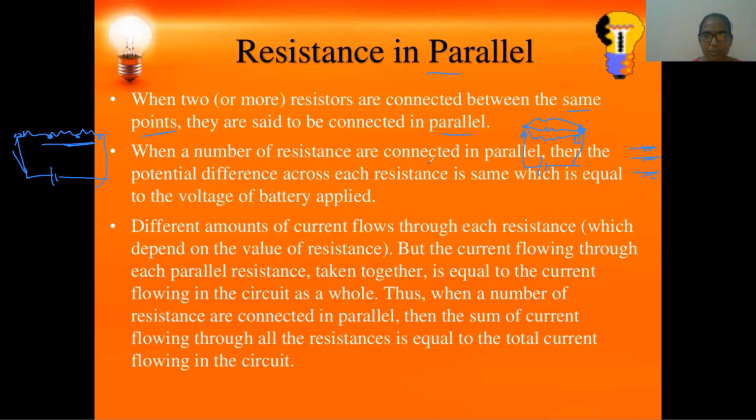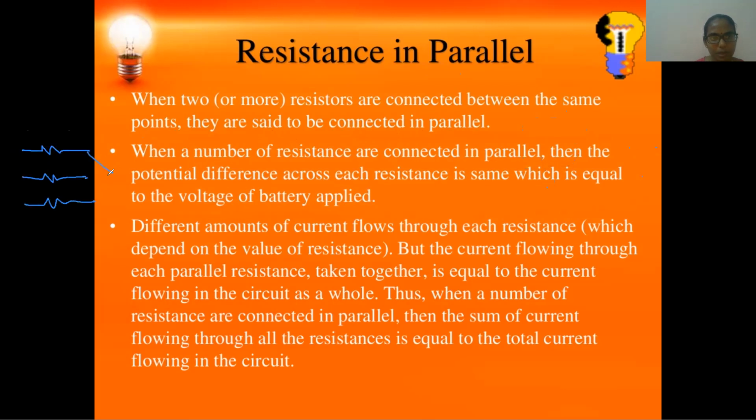When a number of resistors are connected in parallel, the potential difference across each resistor is the same, equal to the voltage the battery applies. Suppose we applied a potential difference of V. Let us rewrite this figure clearly. Let us take R1, R2 and R3.